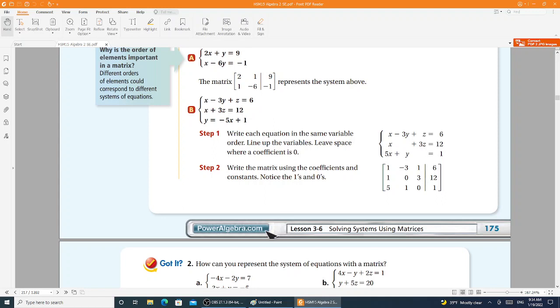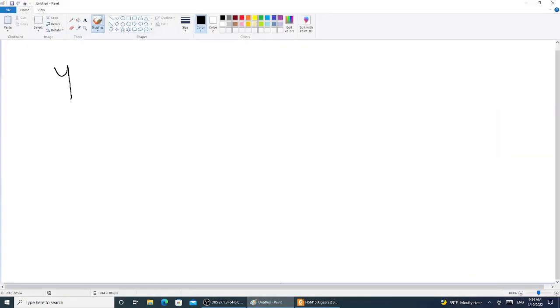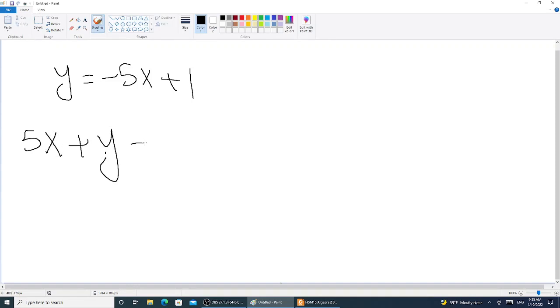Now look at equation 3. Rewrite this equation in standard form, ax plus by plus cz equals r. y equals negative x plus 1, move it to the other side, becomes x plus y equals 1.